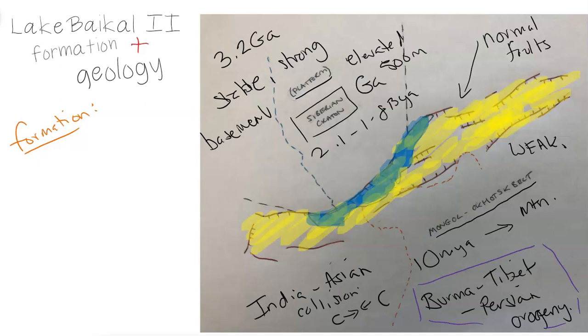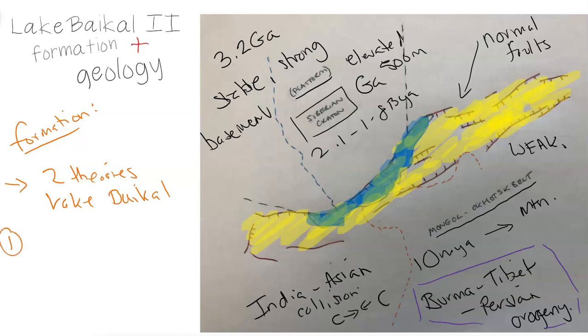So it's sandwiched in between these large belts, which have their own system of faults because of the way they were formed, and the craton to the northwest. So that being said, there are two current theories of how Lake Baikal formed.